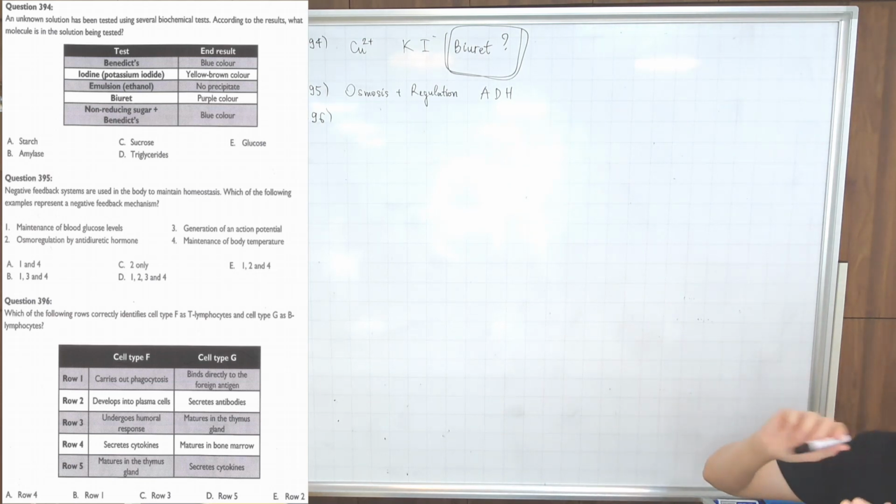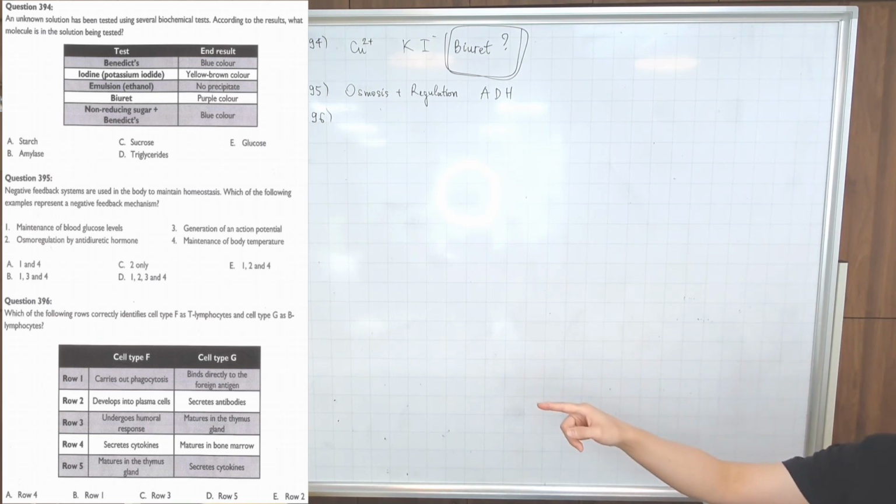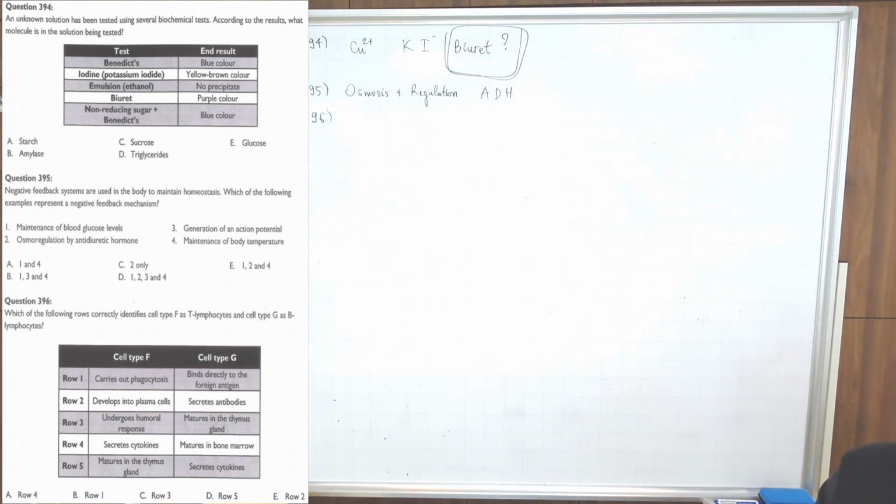Positive feedback là gì? Nó kích lên, tăng hoài đúng không? Positive feedback is like one place being activated, it will activate other places, right? Isn't it? Now, let's do the last question.